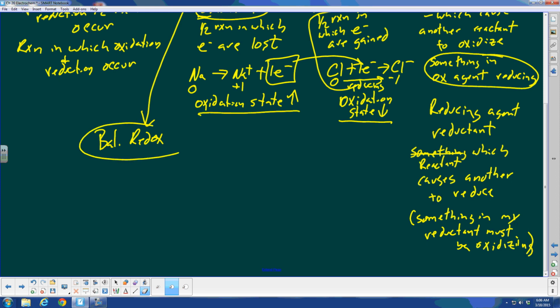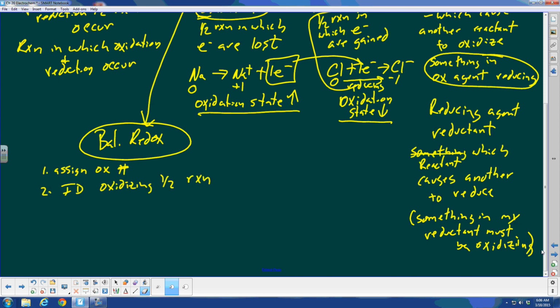So when balancing redox, what we usually want to do is assign oxidation states, assign oxidation numbers to identify your oxidizing half reaction.